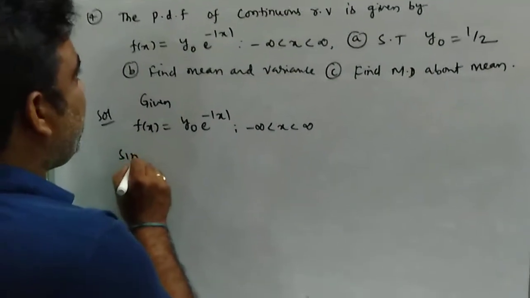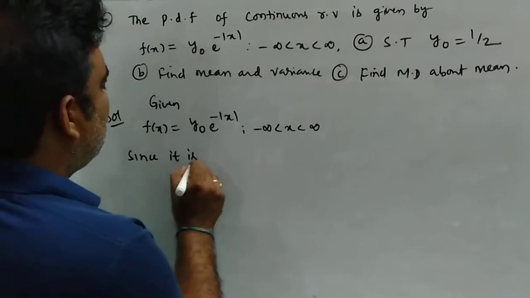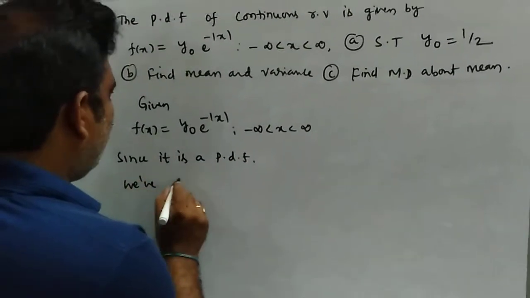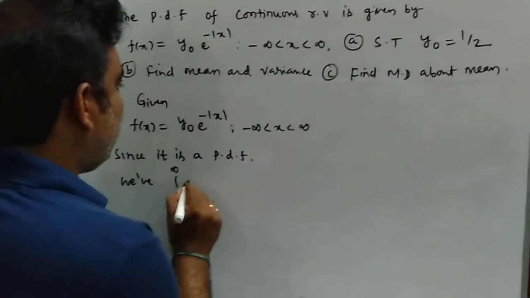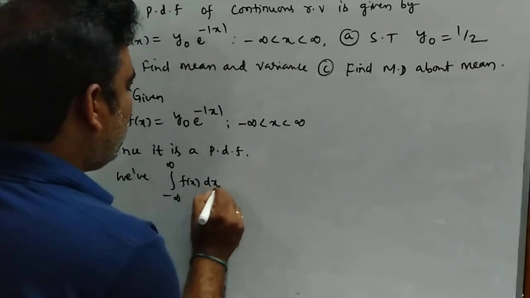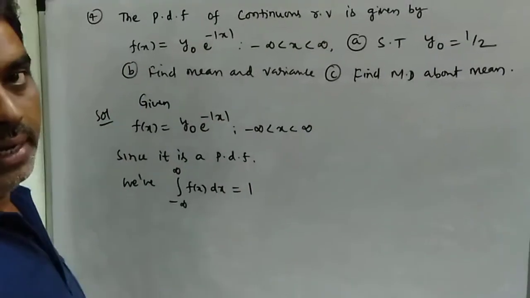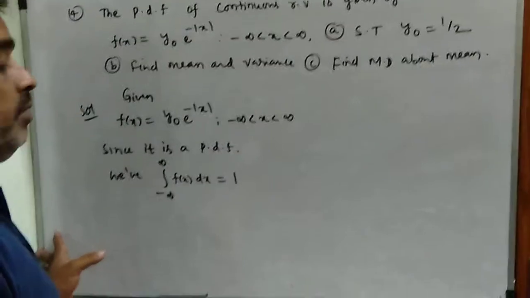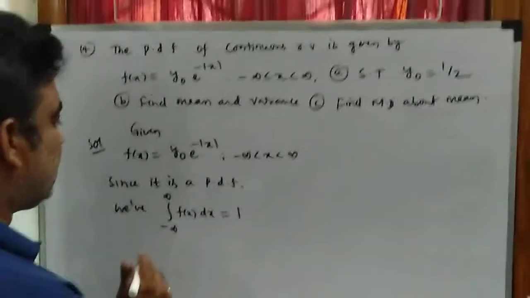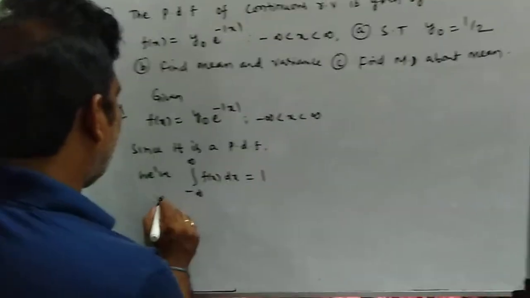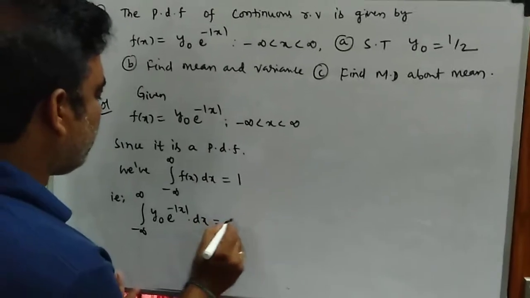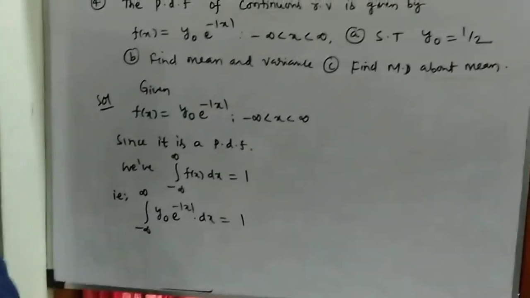Since it is a probability density function, we have the integral from minus infinity to infinity of f of x dx equal to 1. That is the integral from minus infinity to infinity of y naught into e power minus modulus x dx.